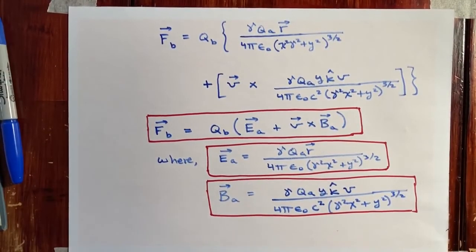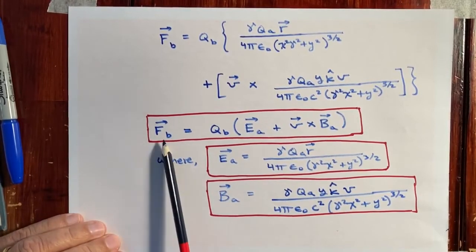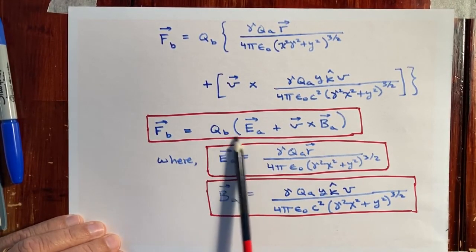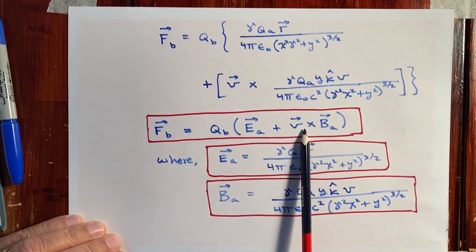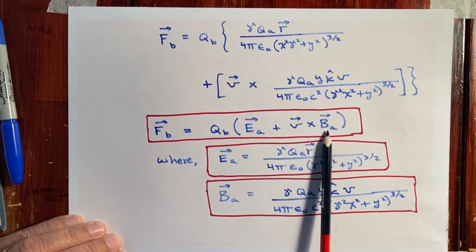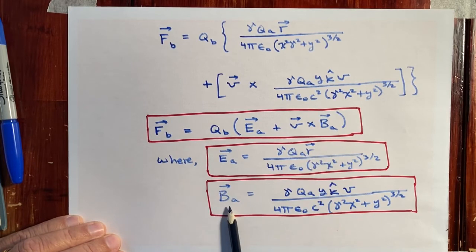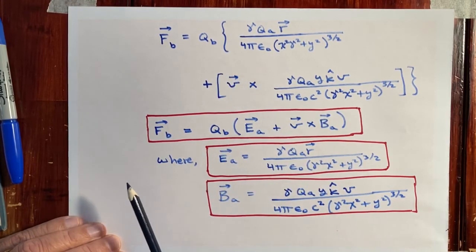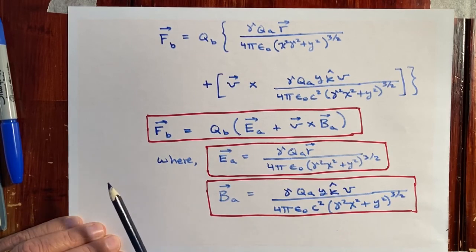So these are our final expressions. This one here is for the Lorentz force, which shows the electric field and the magnetic field. And this is actually the first place where the magnetic induction is making its debut. It's showing up purely based on a force transformation of special relativity.